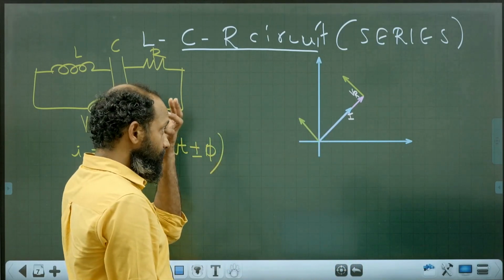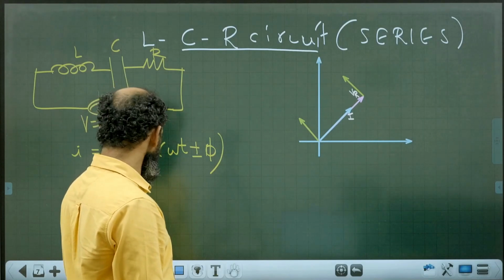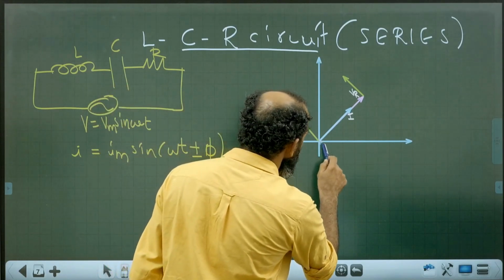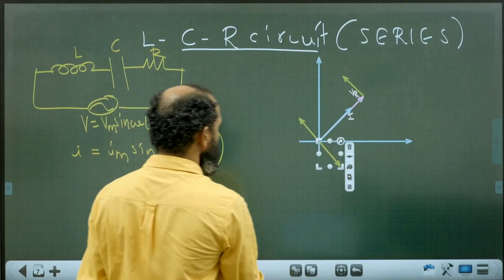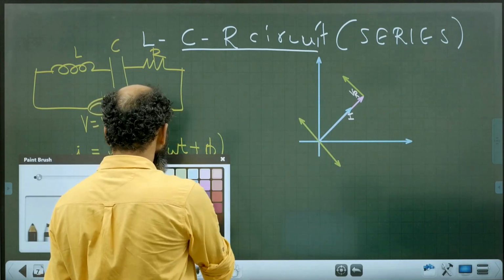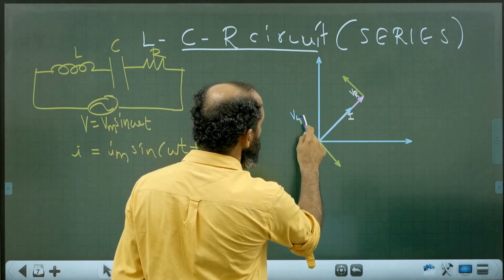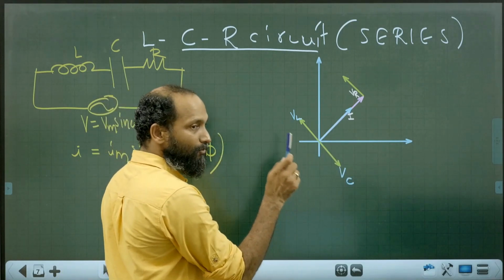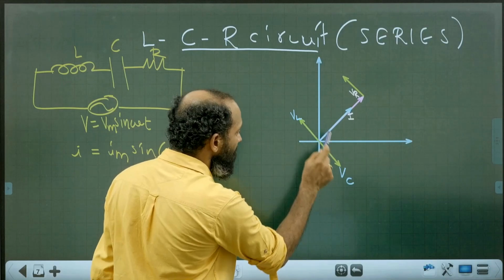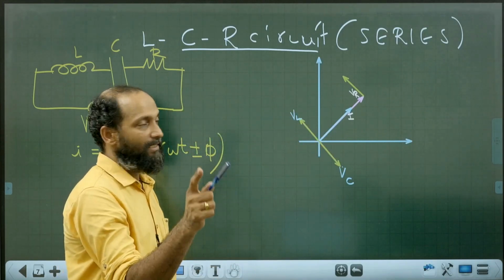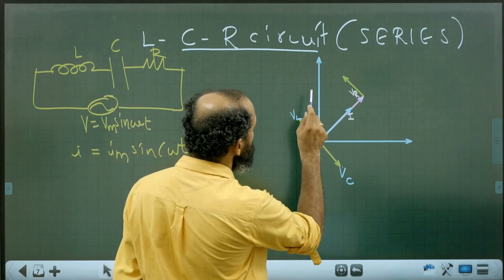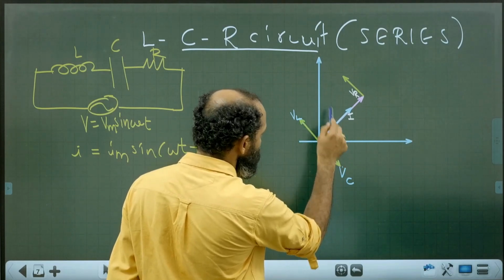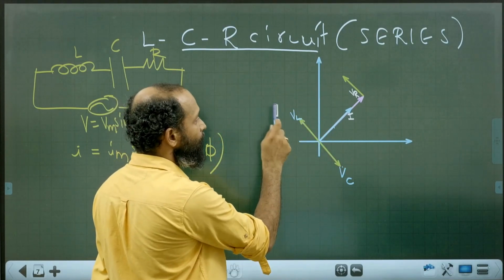Okay. Now, voltage across capacitor. Voltage across capacitor can be drawn here. So this is the voltage across inductor, and the voltage across capacitor. What is the phase angle between voltages across inductor and capacitor? 180. What is the phase angle between voltages across inductor and resistor? 90. Inductor voltage leads.